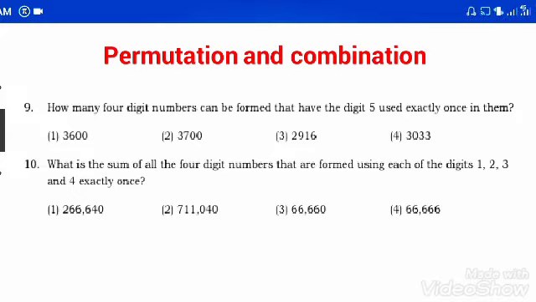Alright, the first question says, how many 4-digit numbers can be formed that have the digit 5 used exactly once in them? So now we're going to form a series of 4-digit numbers having 5 used just once. Now the condition is on 5, which is used once, whereas other numbers can be used more than once.